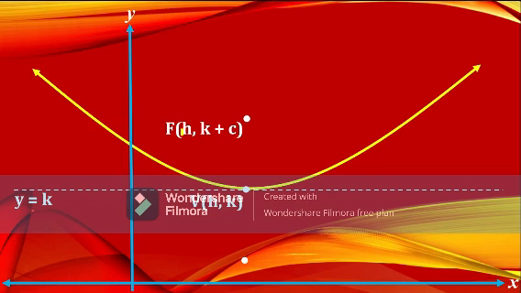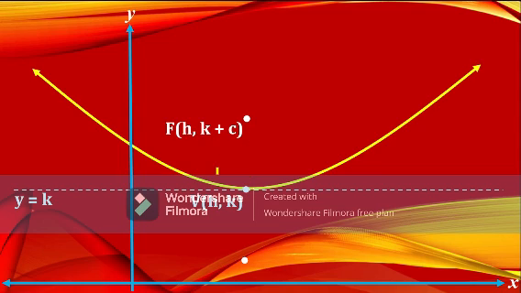The ordered pair of the focus is (h, k + c). The distance from here to this side is c. Other books use a or p, but in this video, we will be using c as the length from the vertex to the focus.